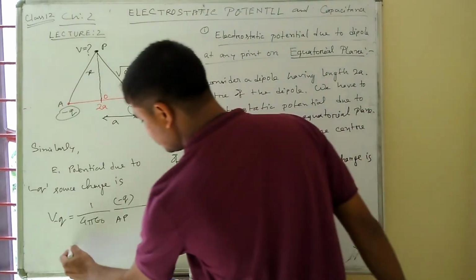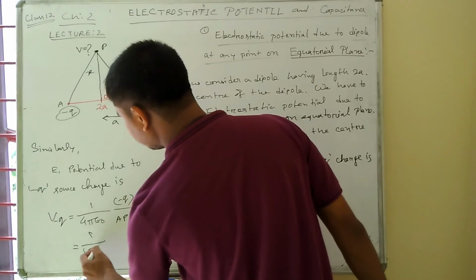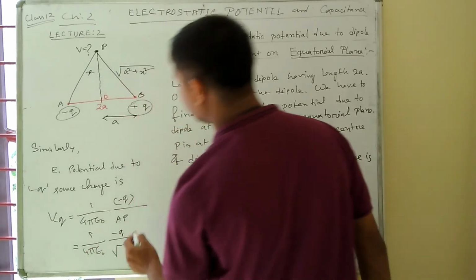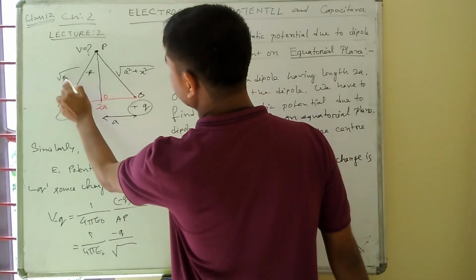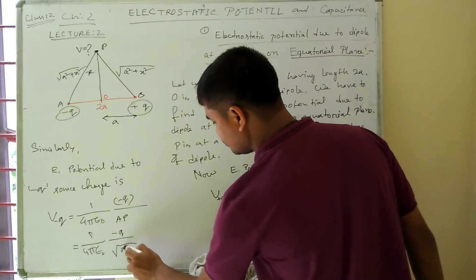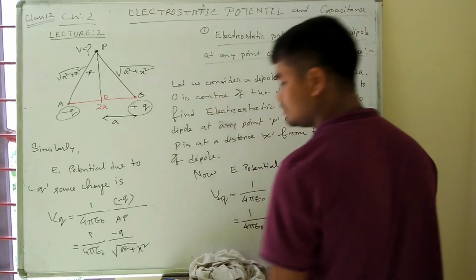So its value is 1 by 4 pi epsilon naught minus q by root over a square plus x square, since AP is similarly root over a square plus x square.